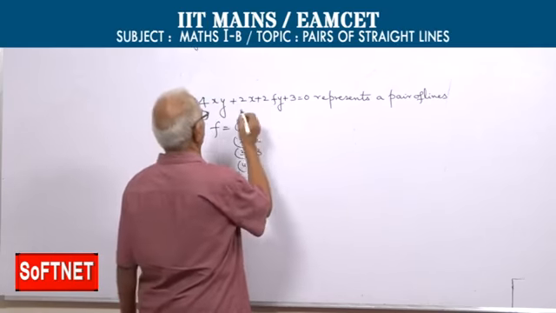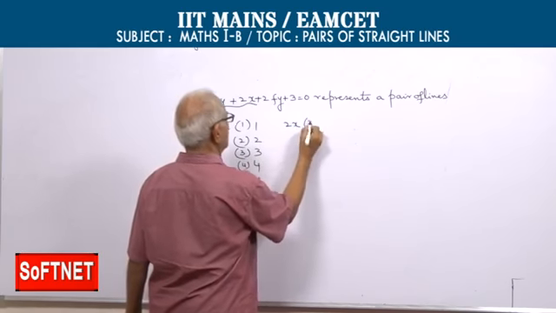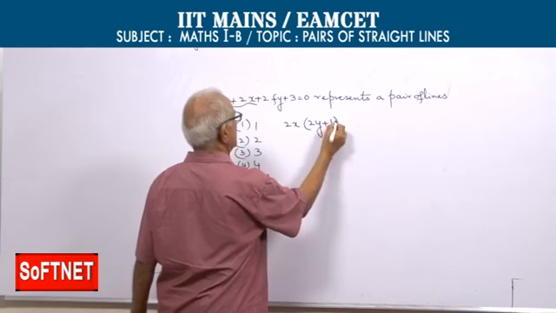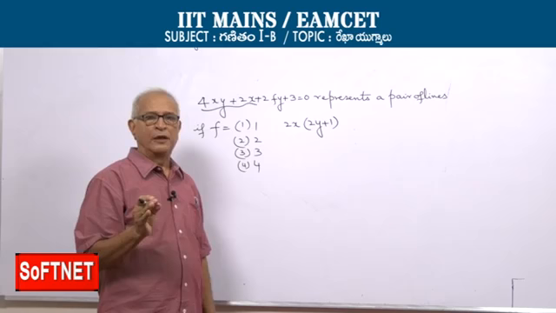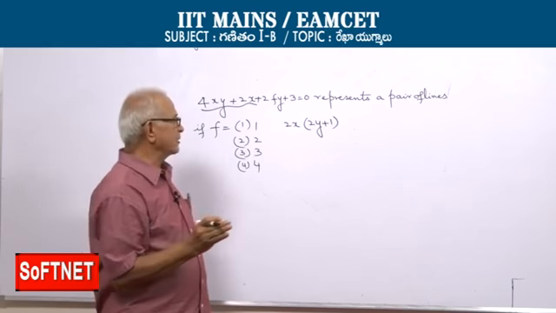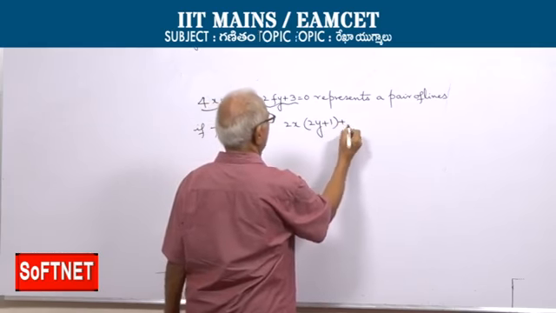Well, I take 2x common from these two. In the first two terms, we take out 2x common and write it as 2x into (2y + 1). The second one, I take f common.